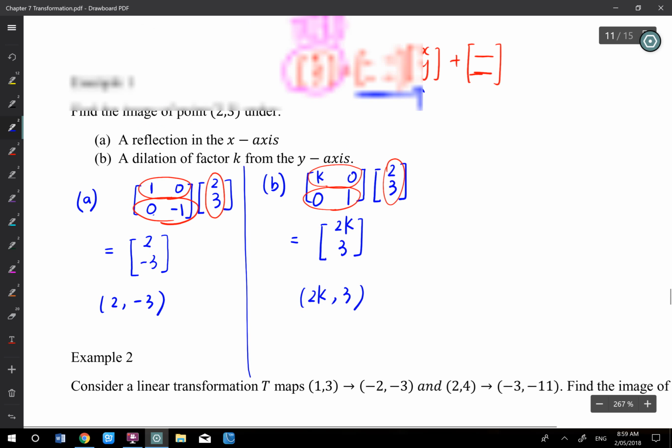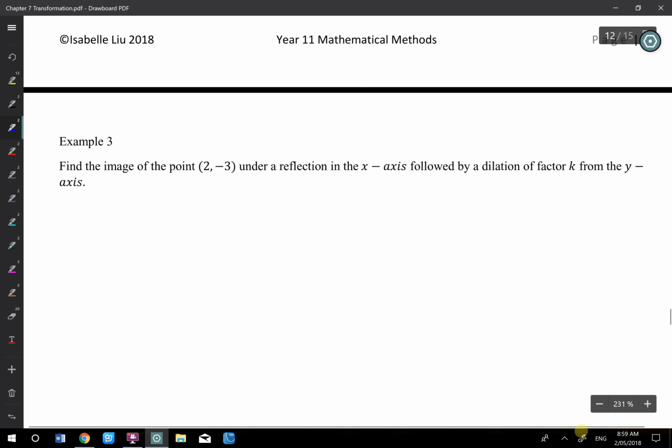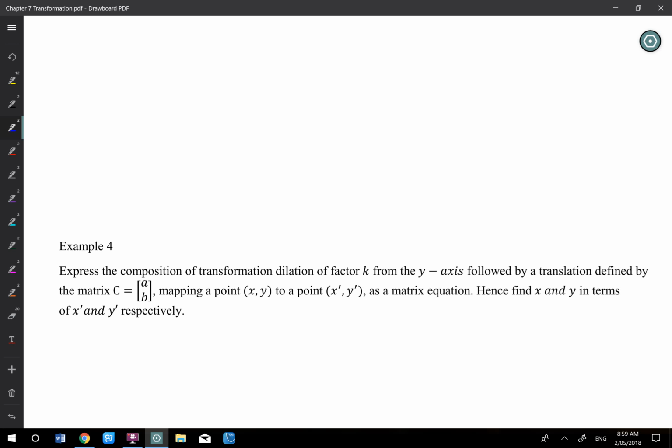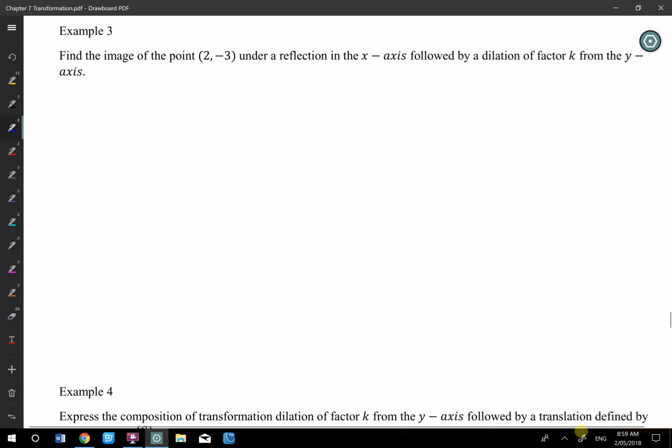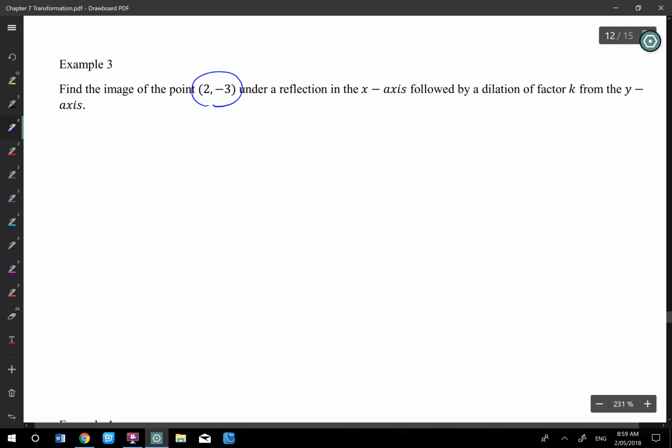Before we do example 2, let's do example 3. I think it's more appropriate to do 1 and then 3. For 3, it says find the image of the point 2, -3.